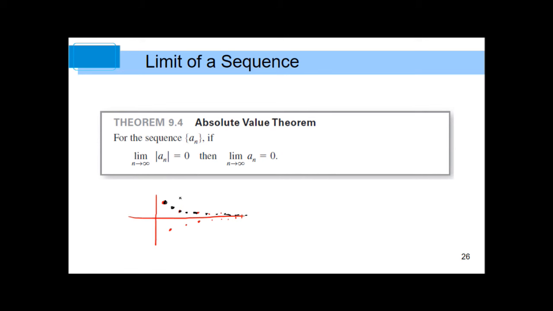If that absolute value sequence is approaching 0, then that must mean that the overall sequence is approaching 0.